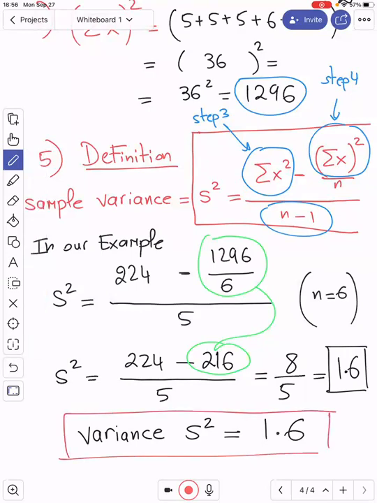Now, as I said, there's a square because we need to take the square root of it. So for the standard deviation, the final answer, what we need here is the square root of this. Then the last step, step number 6.